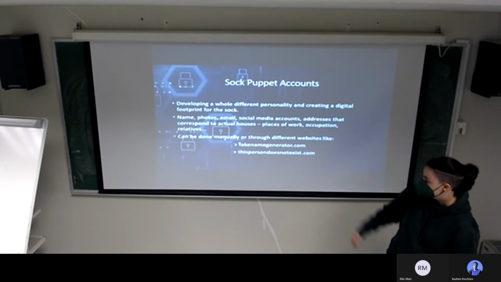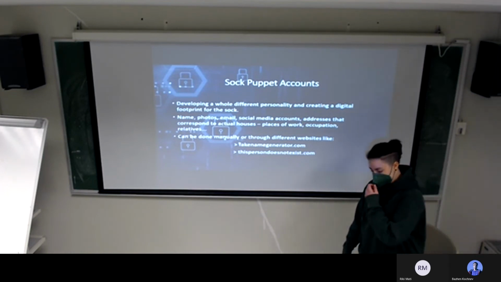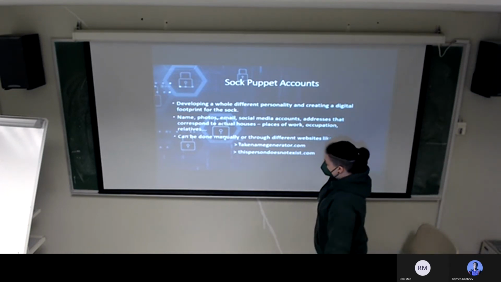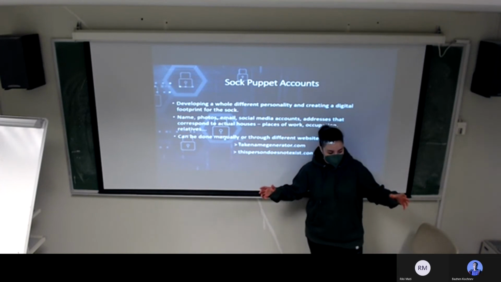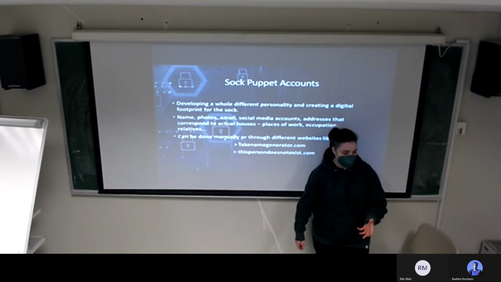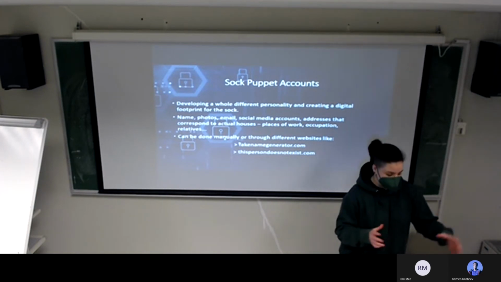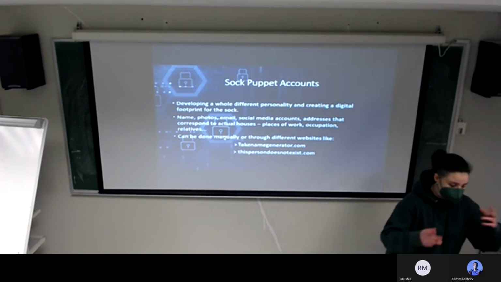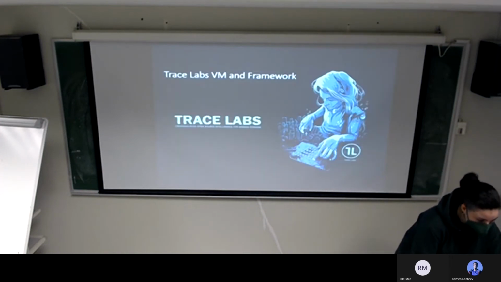And thispersondoesnotexist.com is another amazing website. It uses AI to mash up a bunch of different faces and create a person that does not exist, because it's just an AI mashup of different pictures and data.